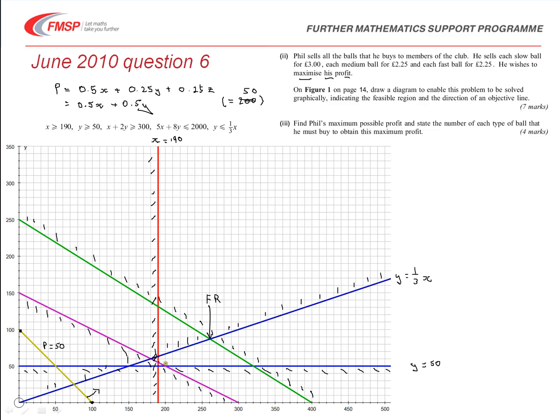That will then hit these two values here and here on the corners, but remember the maximum profit will be at the vertex where this line is pushed as far up the page as possible, and so that would occur at this point here. And that point is the point 320 for x and 50 for y.